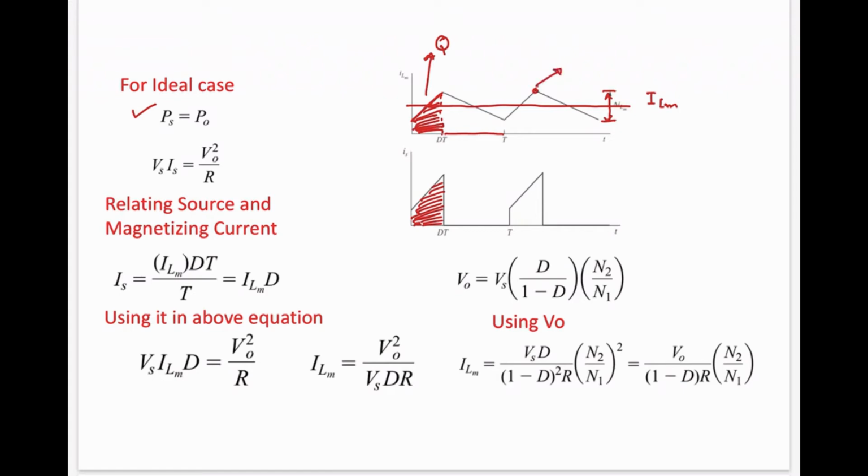Maximum value of the magnetization current will be equal to the average value plus delta ILM, the ripple current of your magnetization current, divided by 2, and this minimum current will be equal to ILM minus delta ILM divided by 2. So this is the maximum magnetization current, this is the minimum magnetization current, and this one is the average current.